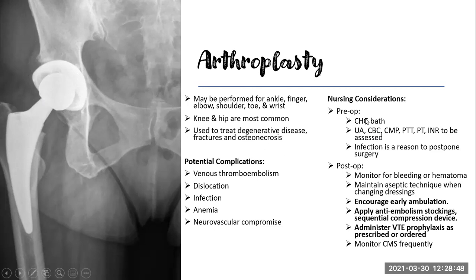That is why pre-op screening, the chlorhexidine bath, and pre-op preparation are pivotal. They will not even perform this surgery if the patient has a urinary tract infection, and that's why the UA is collected. Obviously, this is a big procedure, especially the hips, a very bloody procedure.